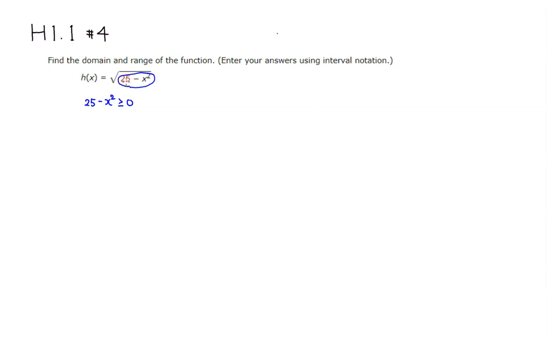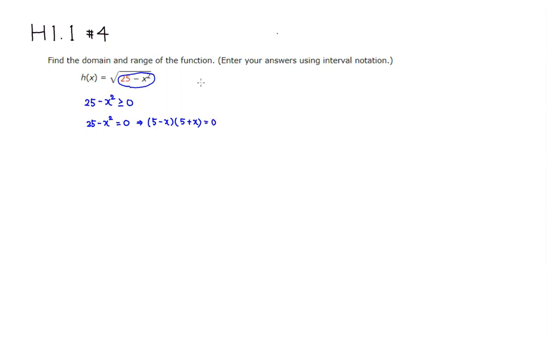To solve the inequality, first we pretend that this is an equality. So let's solve 25 minus x squared is equal to 0. Here, 25 is luckily 5 squared, so we can factor it as 5 minus x and 5 plus x, and this is equal to 0.